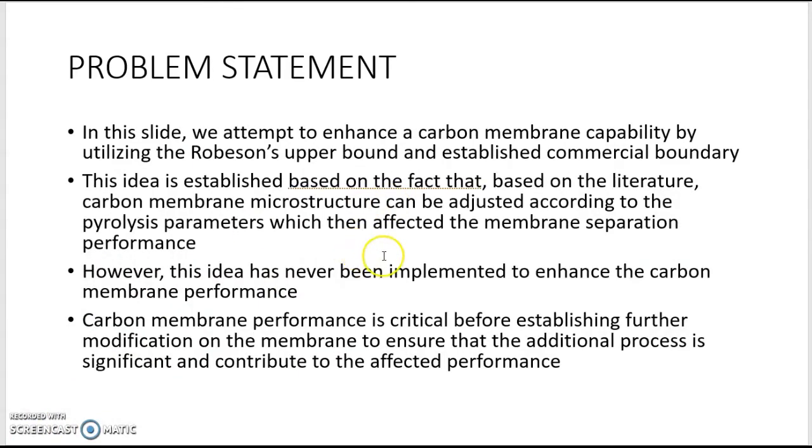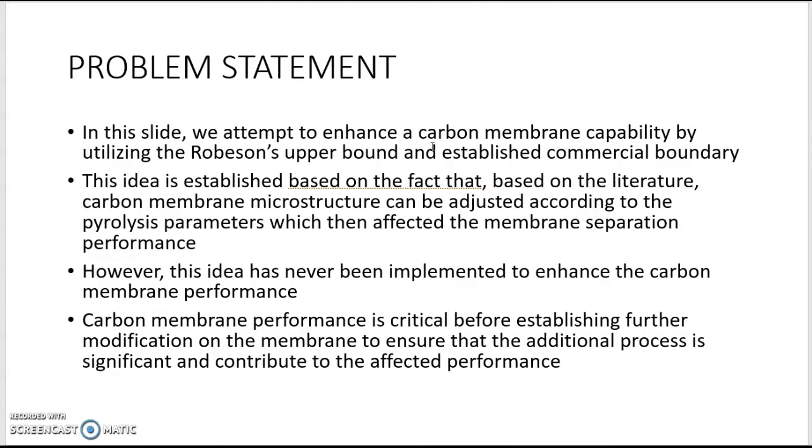So in this work, I try a new method in which I use the Robeson upper bound to establish an optimum point for the carbon membrane, because we know that one of the issues of the membrane is its trade-off behavior. It means that if we increase the permeability, the selectivity will decrease, and the other way around.